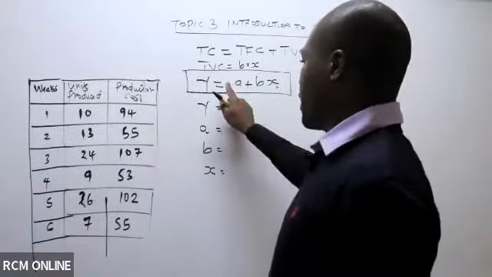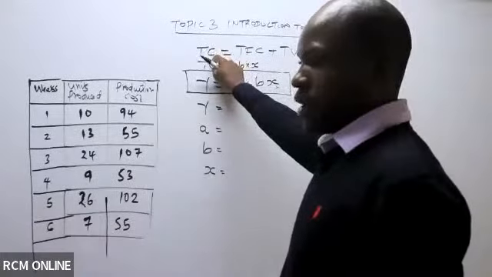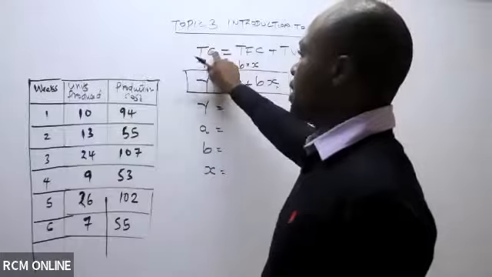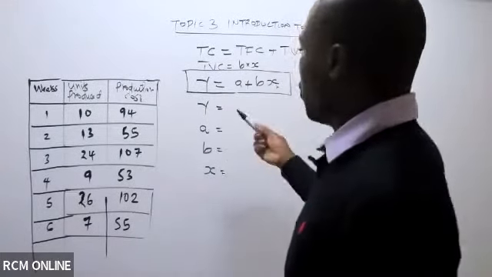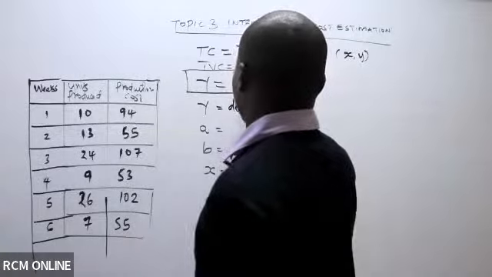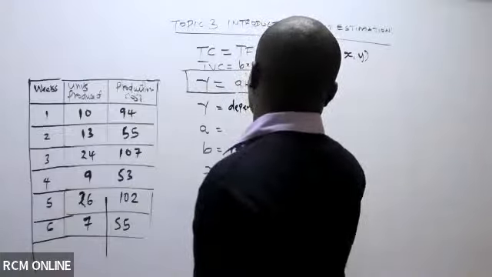Good. Now, having done that, when you look at this particular function, we've talked about total cost, right? Our total cost or TC is replaced by letter Y. So what do we call this? This is called dependent variable.